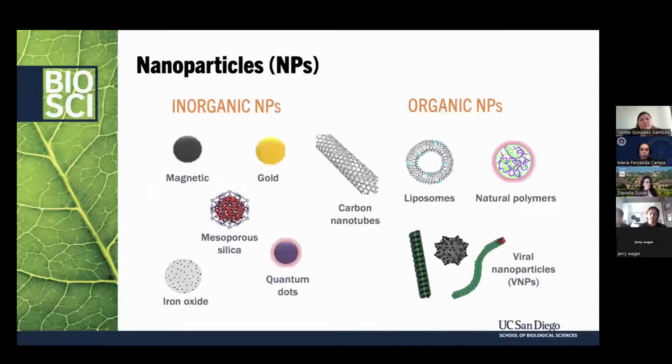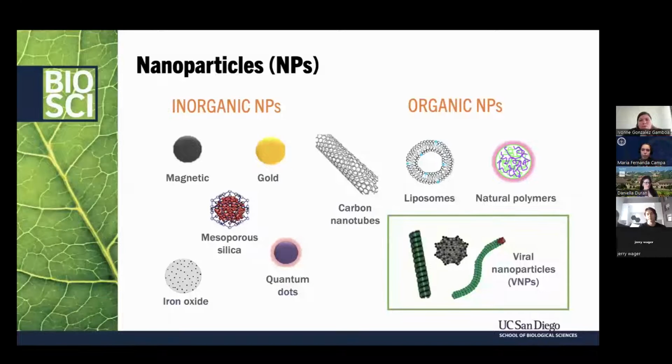We can use, for example, inorganic nanoparticles, which might be the most common ones: gold nanoparticles, silver nanoparticles, iron oxide, quantum dots, magnetic. We can use organic nanoparticles like liposomes, which are very trendy right now, natural polymers, chitosan, etc. Or we can also use viral nanoparticles. And I focus mainly on these ones.